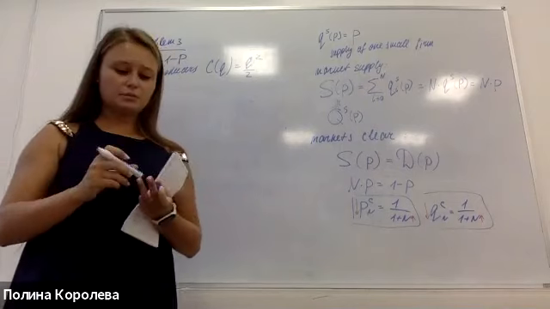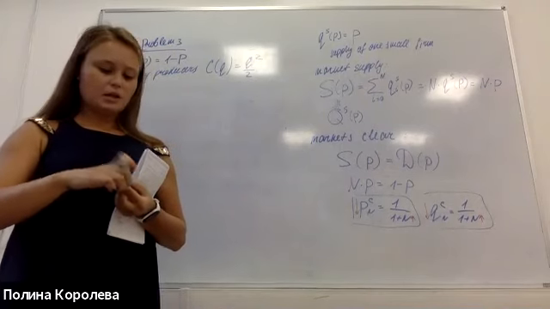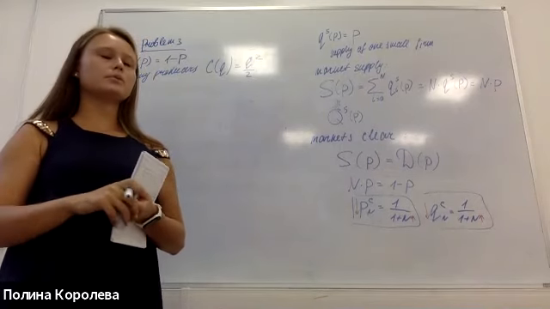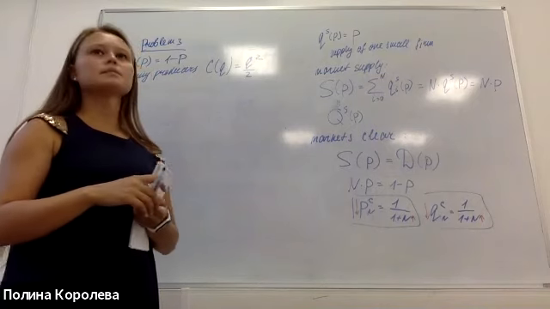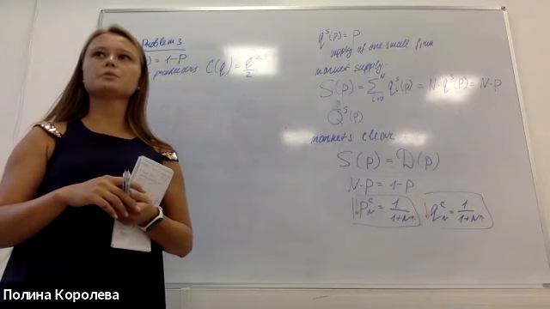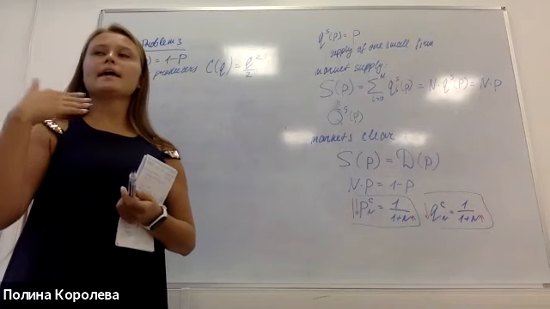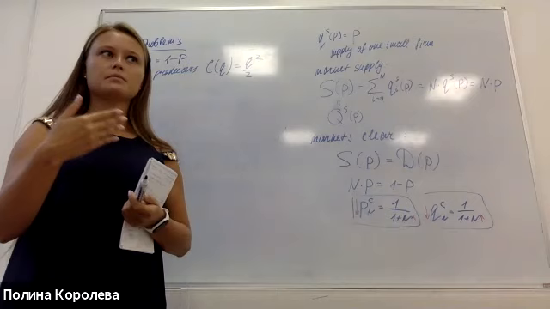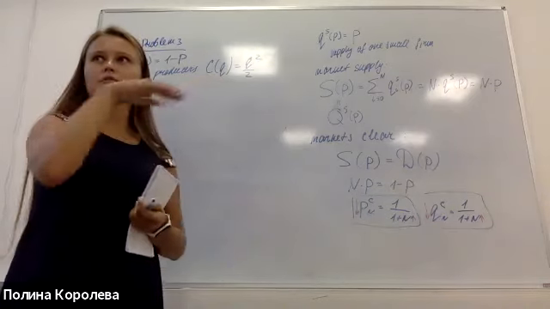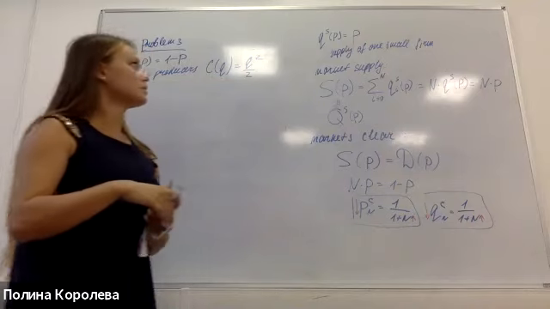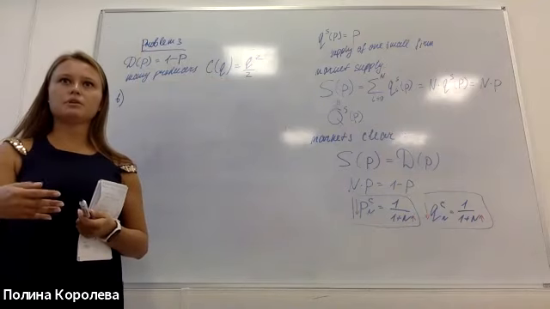What do we have in point B? In part B, the task says that now small firms have an entry fee. They should pay to enter the market. In point A, they did not have this entry fee.